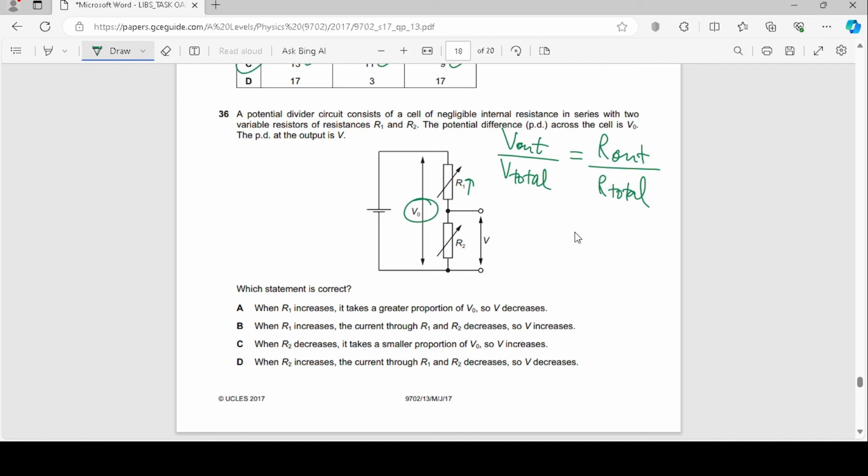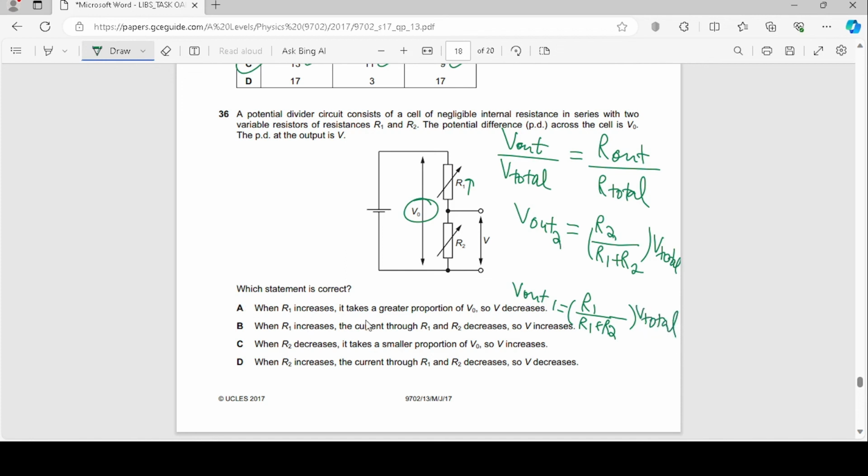In other words, taking the potential difference across R2, V out is R2 over R1 plus R2, so R out is R2. If you want it for R1, then you would take R1 over R1 plus R2, and then you multiply this by simply V total, right? Similarly, you have V out for 2 and V out for 1, times V total. So it's all a ratio game, really.